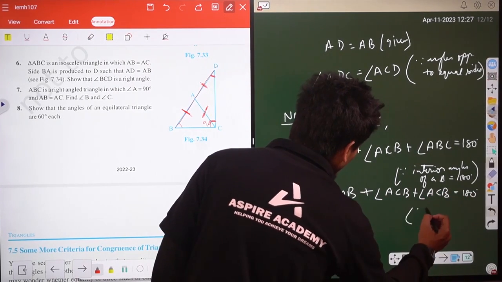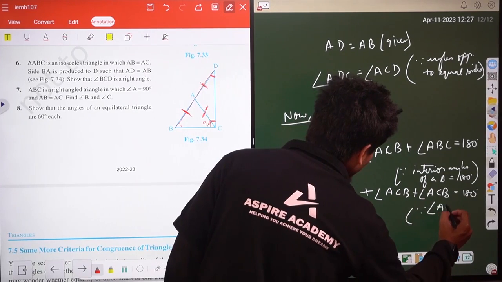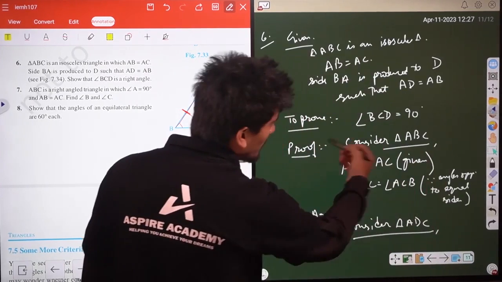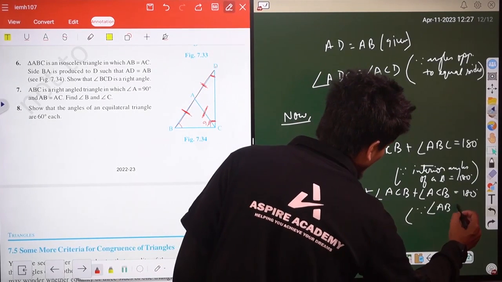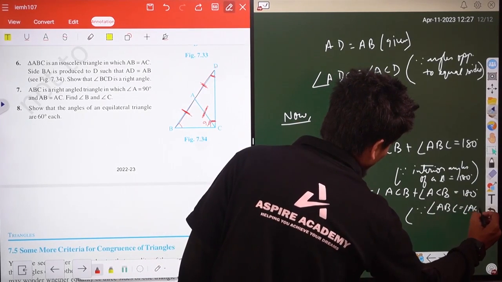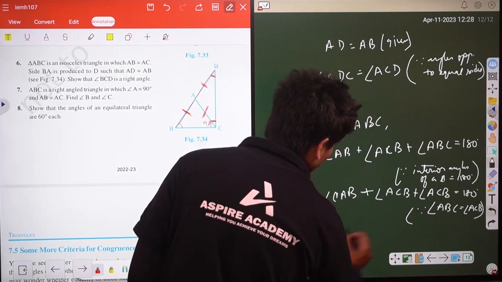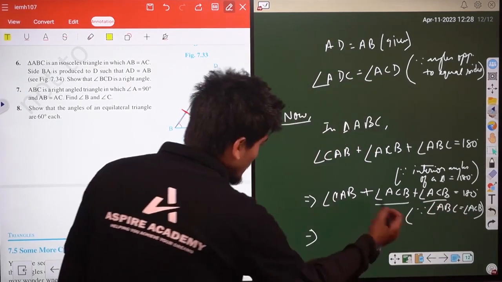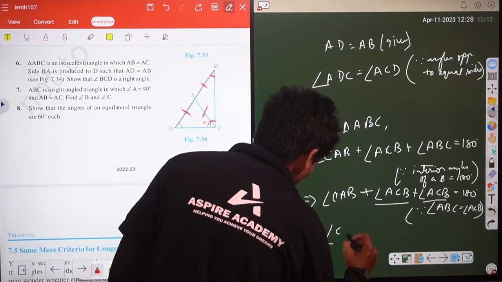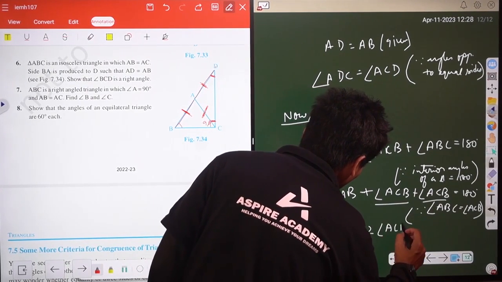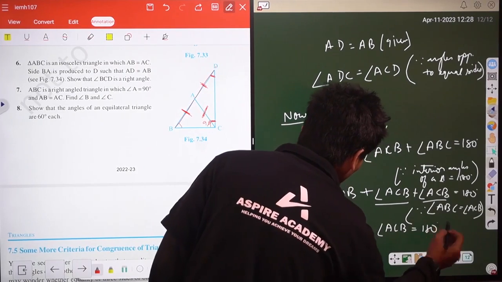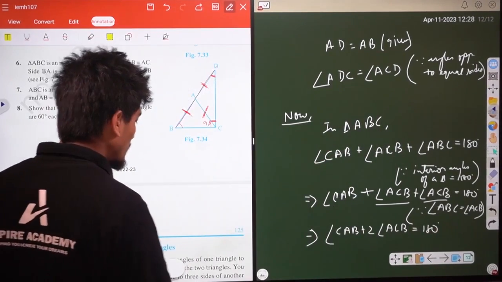Why? Because we have proved that angle ABC is equal to angle ACB. Now these two angles are equal, so it will be angle CAB plus twice of angle ACB is equal to 180 degrees, right?